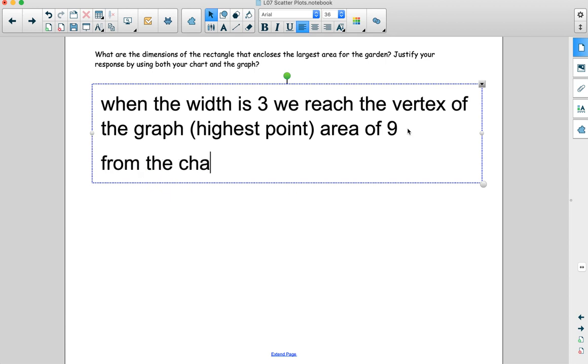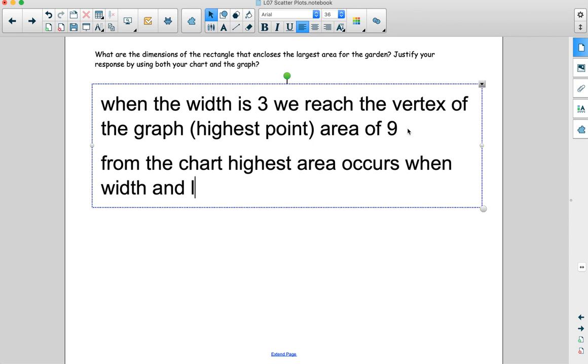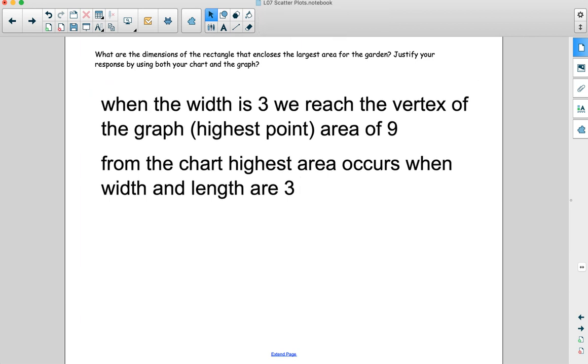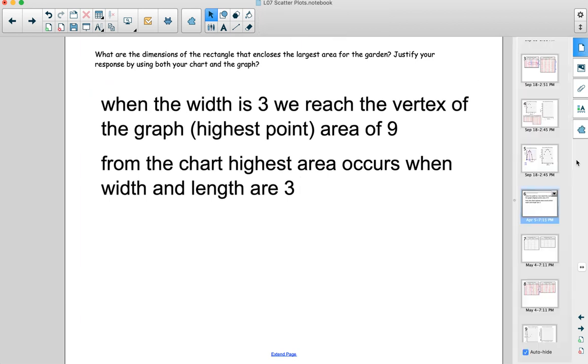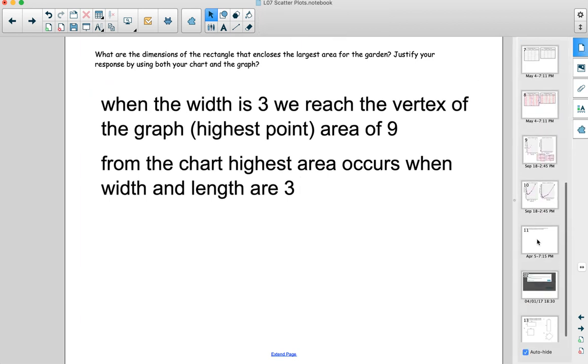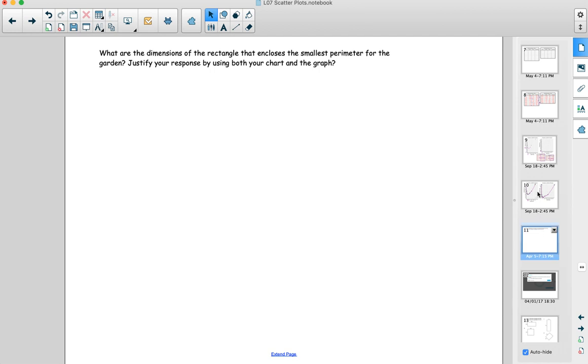And from the chart, the highest area occurs when width and length are 3. And if this was a test, you would just highlight that and point that out. All right. And let's look at those questions. They were the same questions over here. I'm not going to type it out.